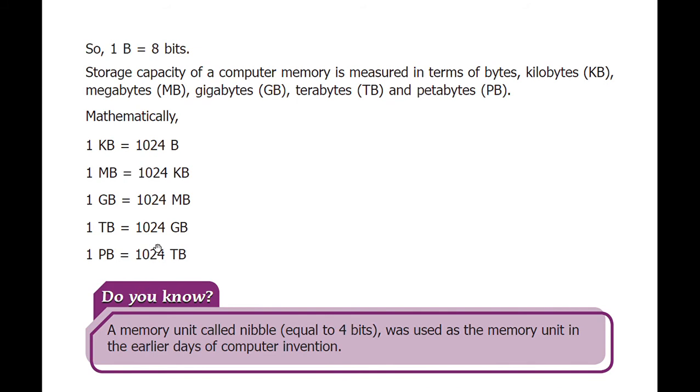Older machines were just in KB and MB. Now it's all gigabytes, terabytes, petabytes. So 1024 MB means 1 GB. When I say 1024 GB, that is 1 terabyte. It's so huge. And 1024 terabytes is 1 petabyte.